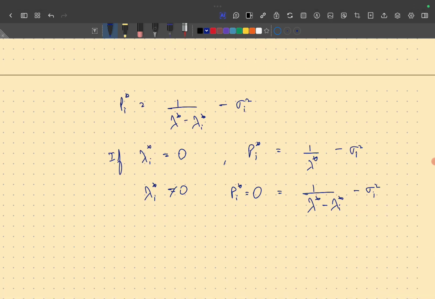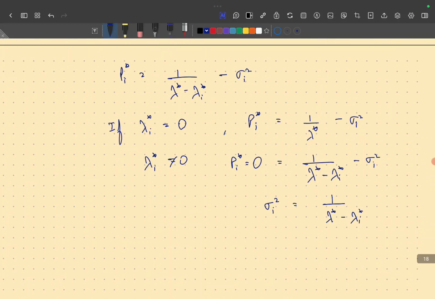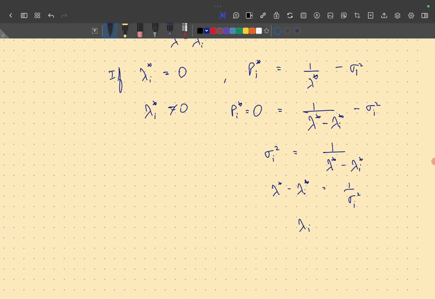If I rearrange, sigma I square should be equal to 1 by lambda star minus lambda I star, or lambda star minus lambda I star should be equal to 1 by sigma I square. So lambda I star should be equal to lambda star minus 1 by sigma I square.